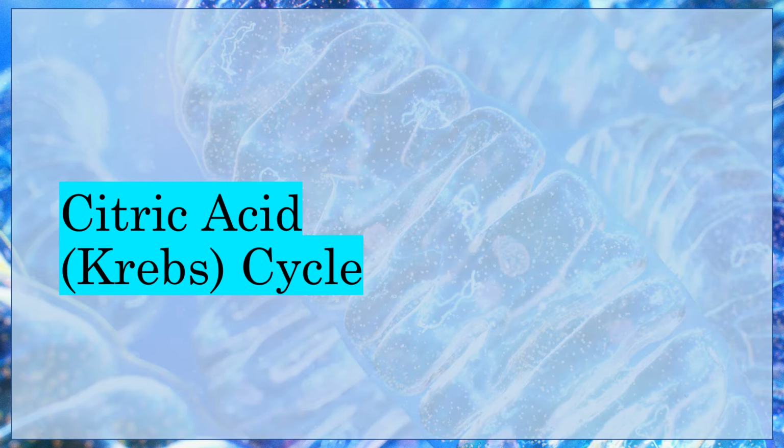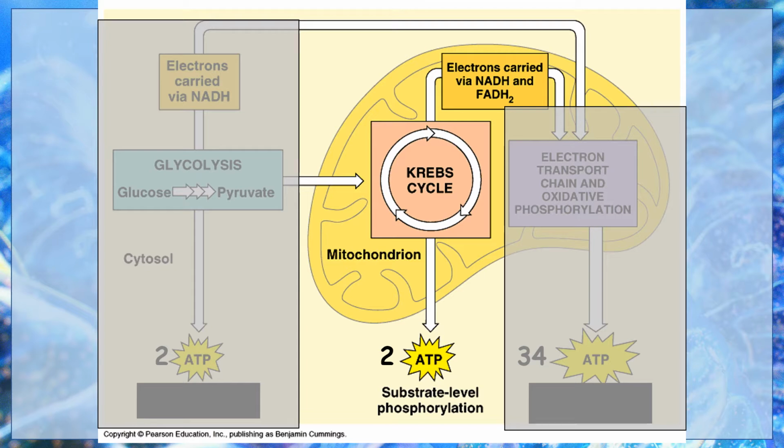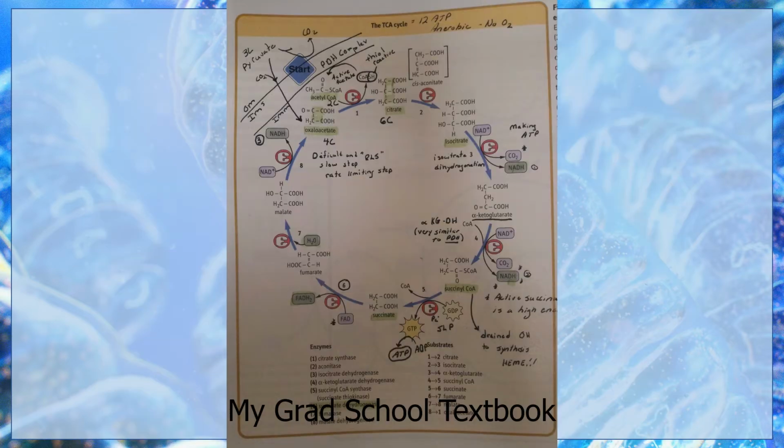Okay, next we're starting with the citric acid cycle or the Krebs cycle. Middle of cellular respiration. Here's just a view of the Krebs cycle that I wrote in my notes when I was in grad school, just to show you a little clue of how in depth it actually is.